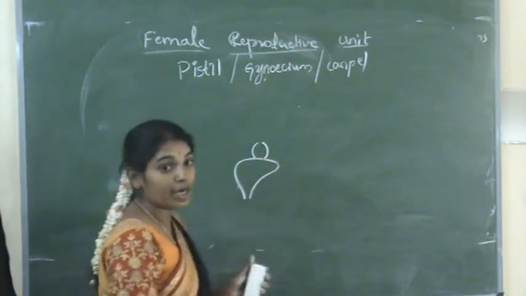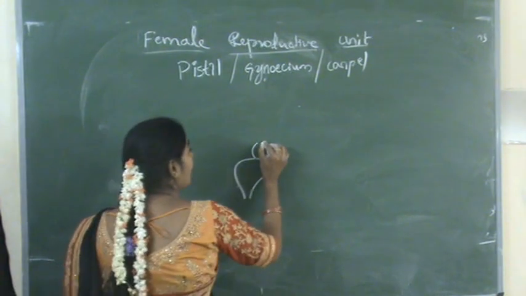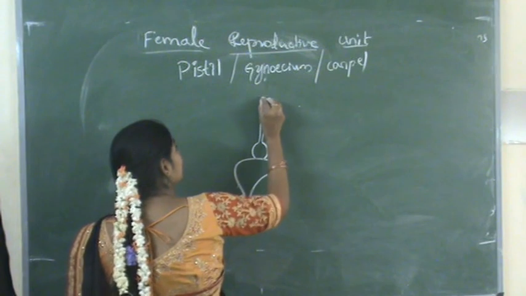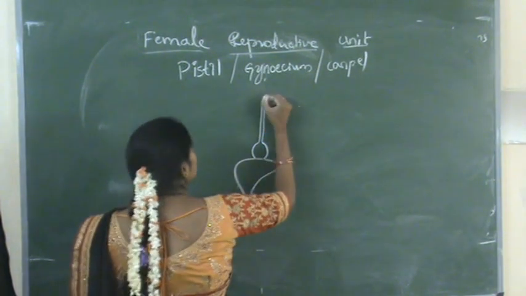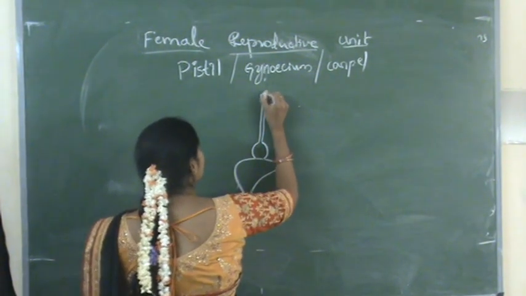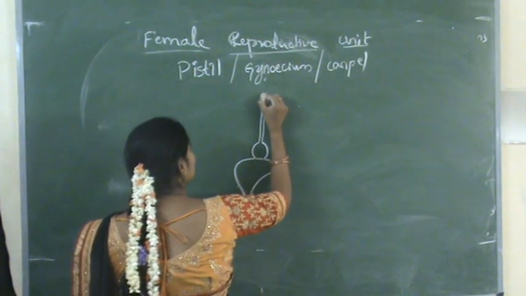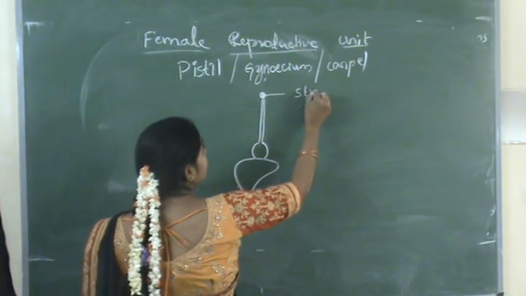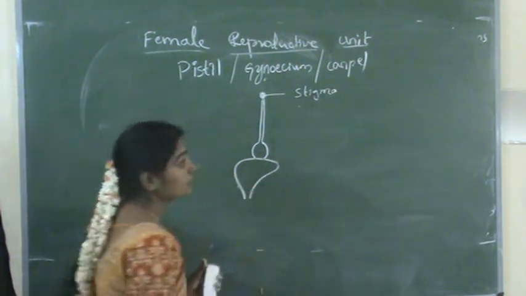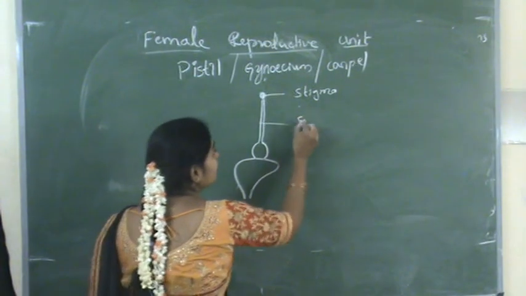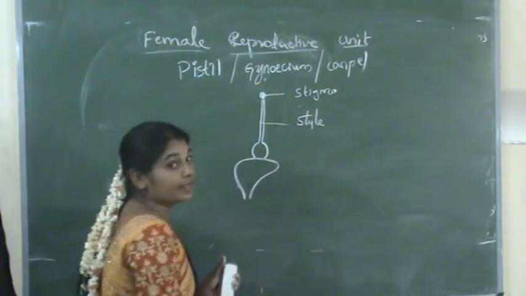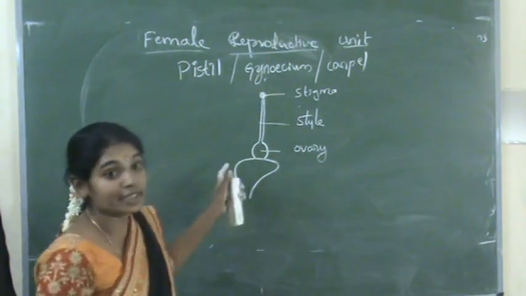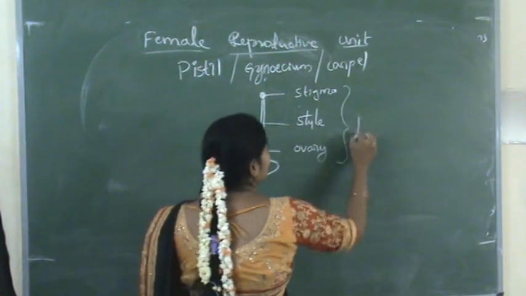Ovary, a swollen part of the pistil, a long thread-like structure called style, and a receptive part at the tip of the pistil, the stigma. So there are 3 parts: stigma, style, and ovary. These 3 together are called pistil.